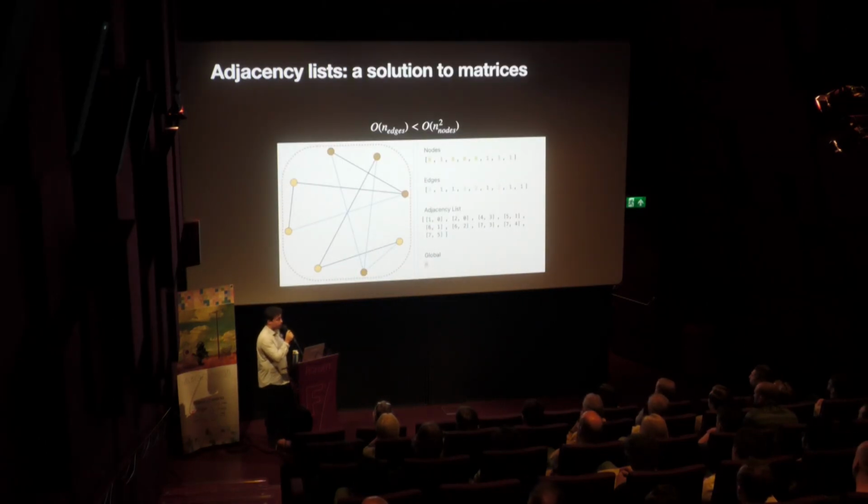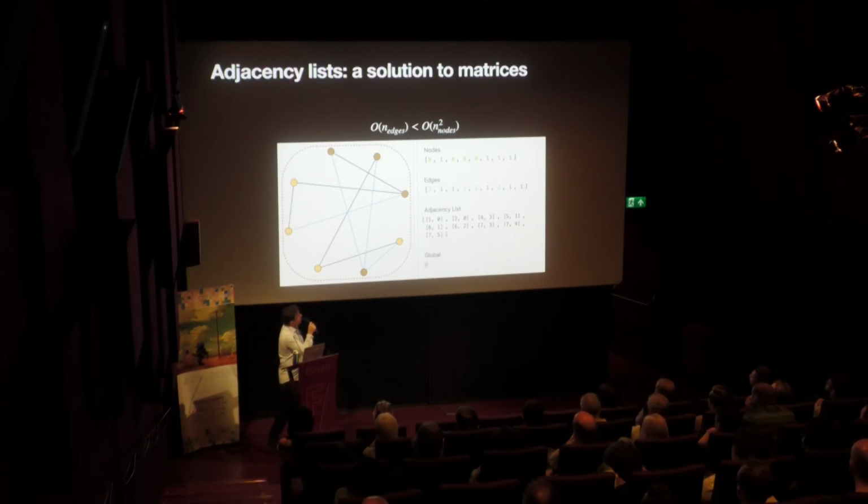So one of the solutions is an adjacency list, where we do quite well. We decrease from a quadratic amount of nodes to just the amount of edges that you have. And this adjacency list, as you can see the third time, is just a list of the connected nodes that are in your data set.